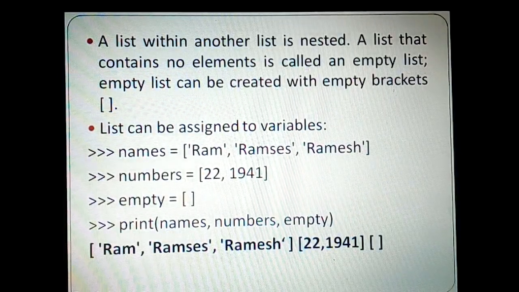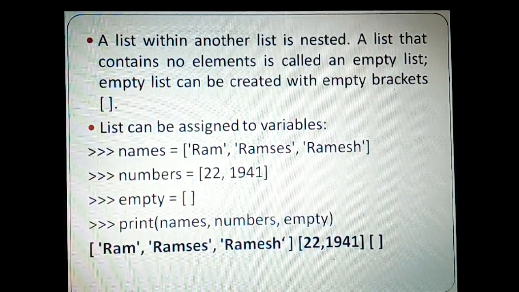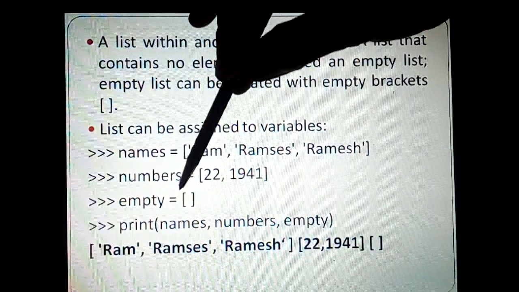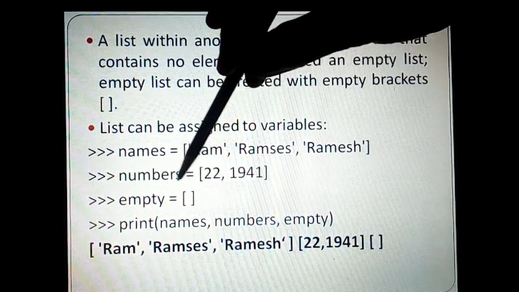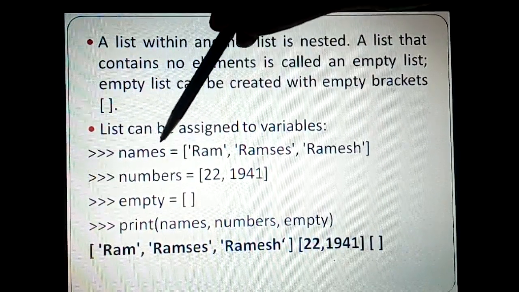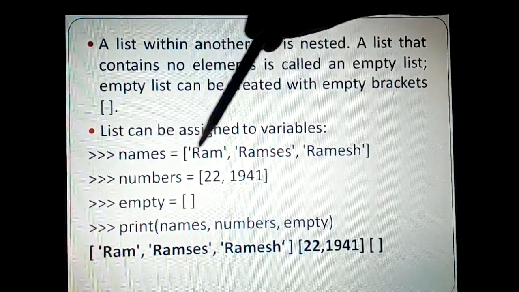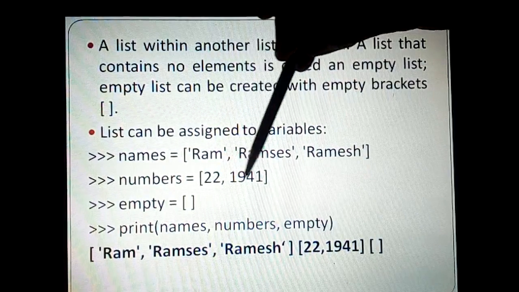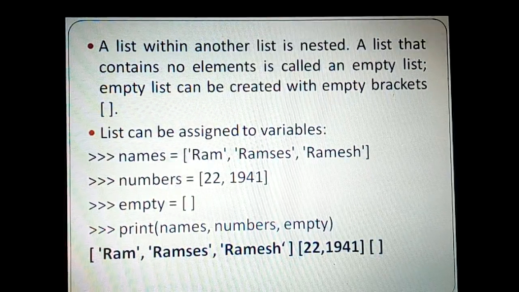Now apart from that I can also have an empty list, and the meaning of an empty list is nothing. If you specify nothing in the square brackets, it means an empty list. Here names is a list with 3 elements, this is with 2 elements but with a number type. An empty list is with nothing.